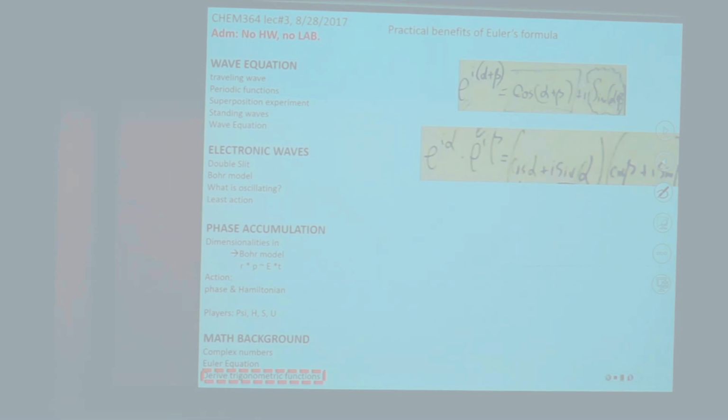But if you need, for example, cosine of two arguments, you can build it due to Euler formula as exponential of some argument, which will be cosine plus imaginary sine.